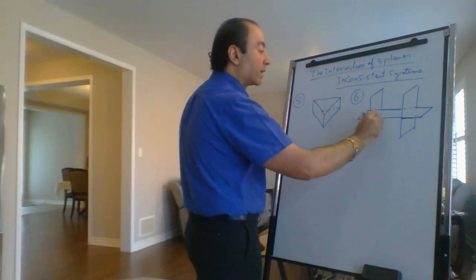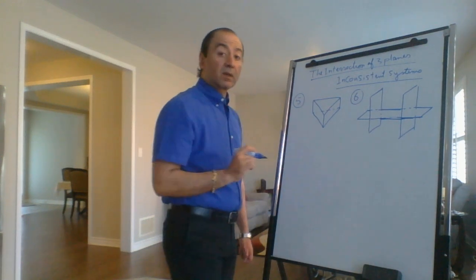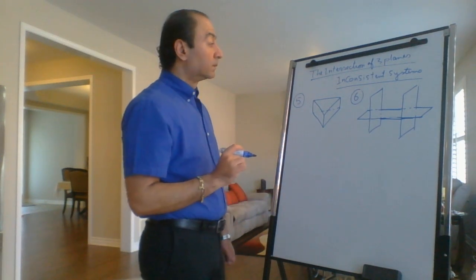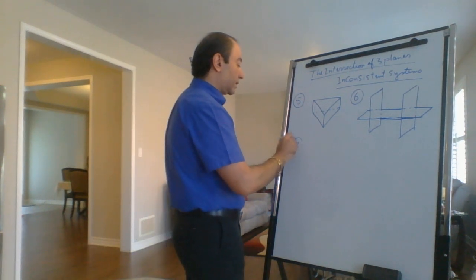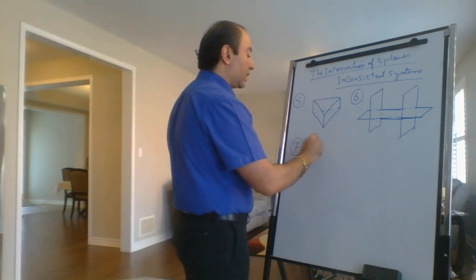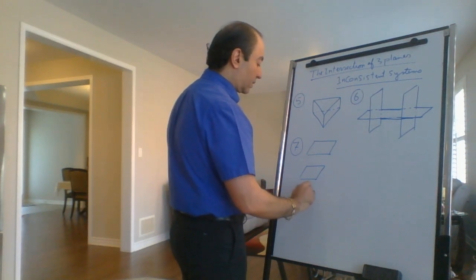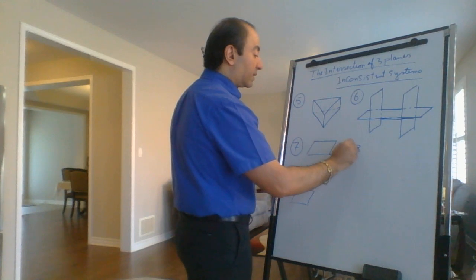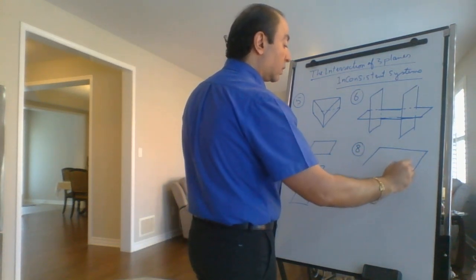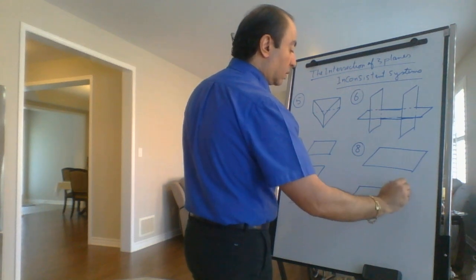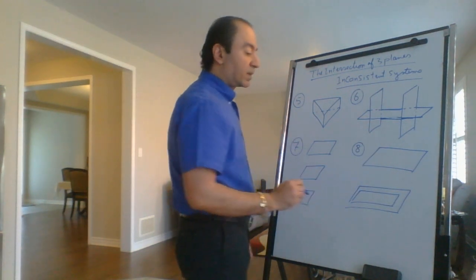Okay, 2 parallel planes and a plane that cuts them. This is another inconsistent system. The next inconsistent system, case 7, is when we have 3 parallel planes. It is very clear that this is inconsistent, nothing is common. The 8th case is when we have 2 coincident planes and the third one is parallel to them.